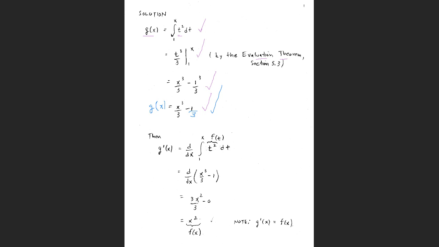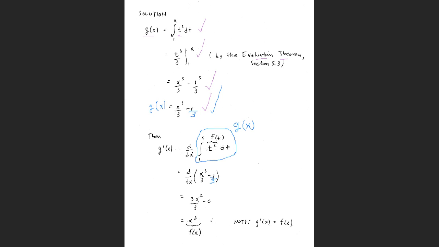Okay, thank you, Ian. So now g prime of x, and this should also be a third. g prime of x is the derivative of my function g. This was my function g of x. I mean, that's the definition of a derivative. g prime of x is the derivative of g with respect to x.